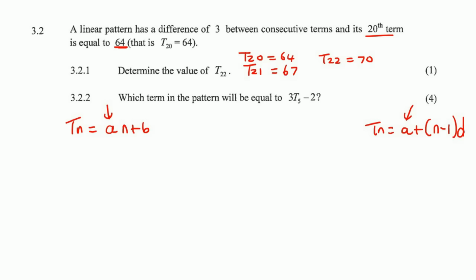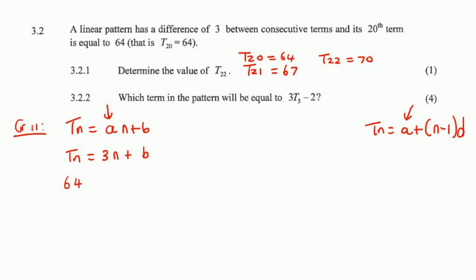Okay, so I'm going to use the grade 11 approach, because most people watching this will be grade 11. So we know that a is the difference, which is 3. In grade 12, that is not the case. They tell us that the 20th term is 64. So term 20 is 64.